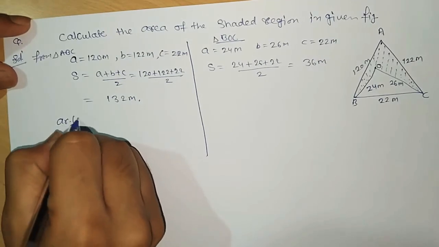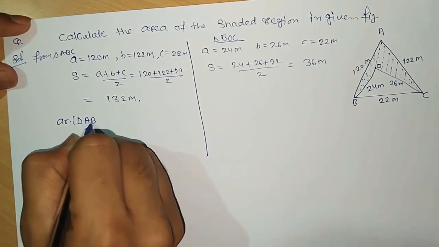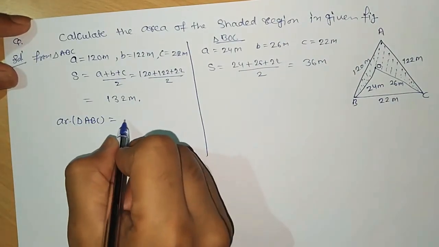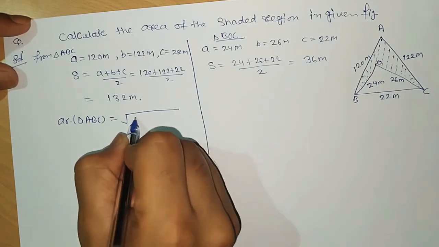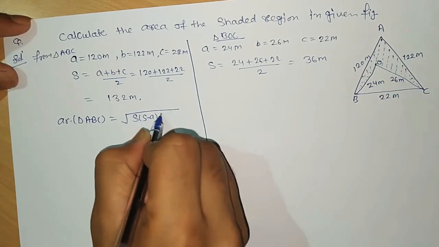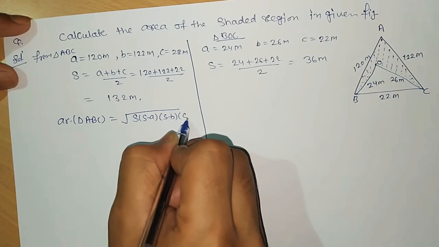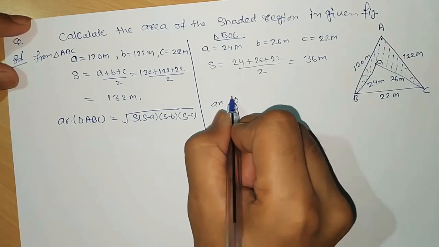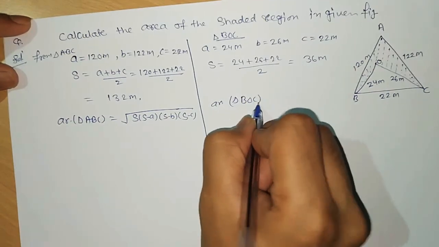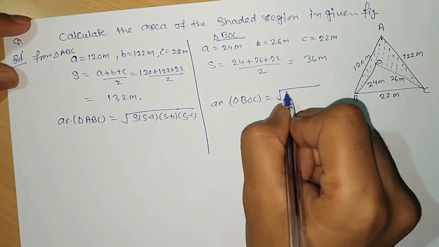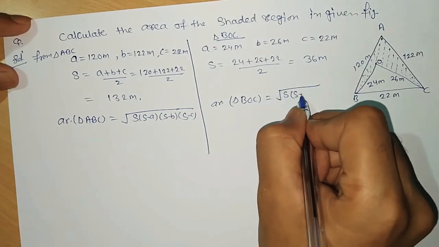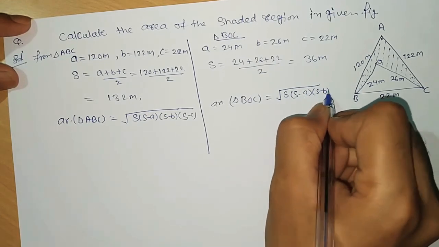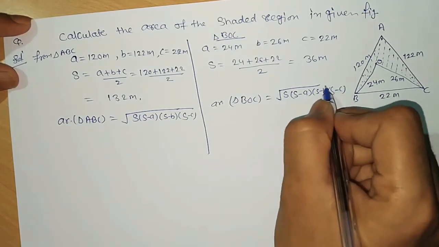Area of triangle ABC equals root of s into s minus a, s minus b and s minus c. And now area of triangle BOC equals root of s into s minus a, s minus b and s minus c.